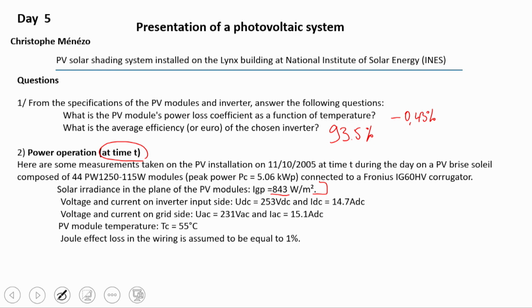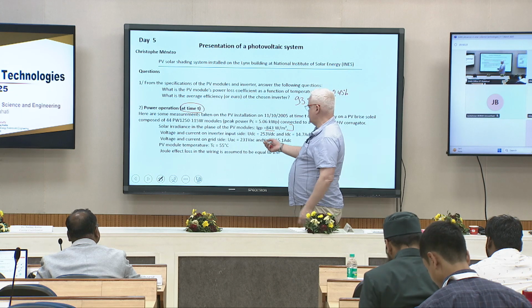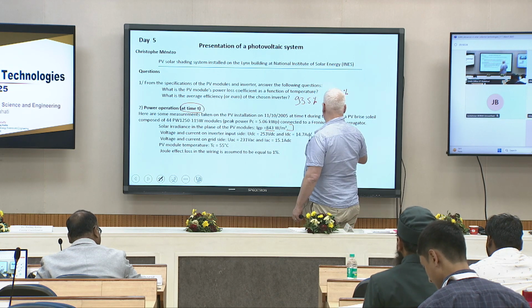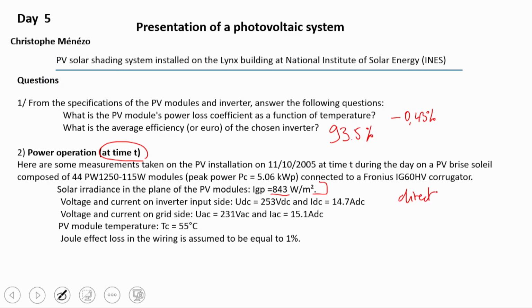We measure that the direct current voltage, so continuous, is 253, and the intensity is 14.7 ampere. Okay.